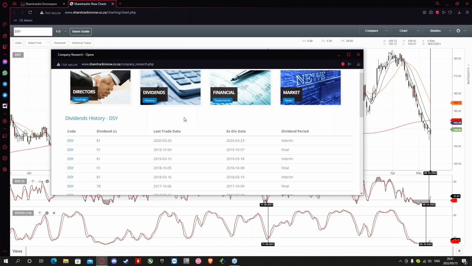So our dividend is basically an amount that would be paid out towards you if you trade with the share or invest with the share for a certain time period. So for instance, if I had to go and invest on Discovery, let's say for a time period of 6 months or a year, then before that last trade date, I would need to go and invest in that company to be able to qualify for the dividends, and then I would be paid on the 23rd of the 3rd in 2020.